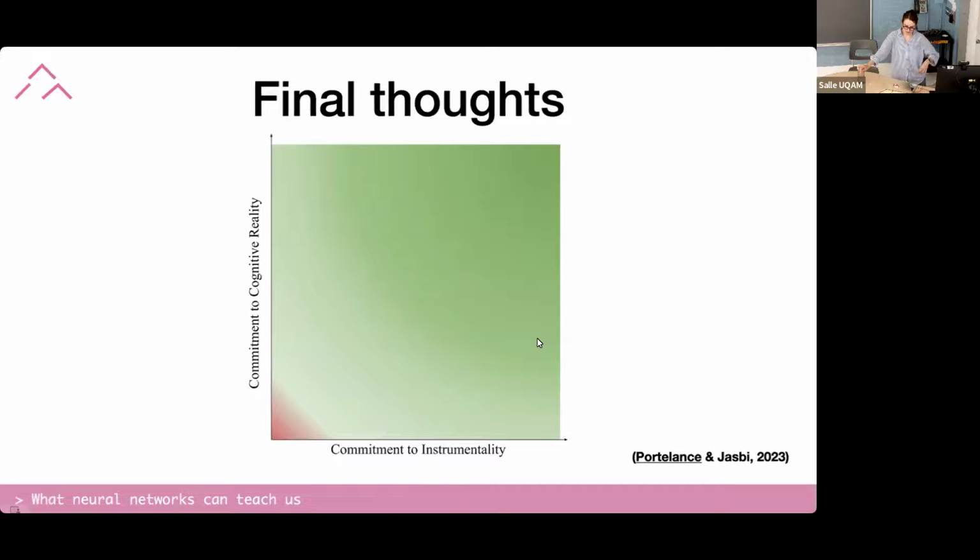And so, be it developing models that really are committing to instrumentality, or be it developing models that are cognitively real, I think in reality, most models find themselves somewhere in the middle, right? Where we're thinking about both of these things at the same time. And if we do that and we are clear about our assumptions and commitments that we're making, then using neural networks in the field of language acquisition is very much part of a healthy ecosystem.